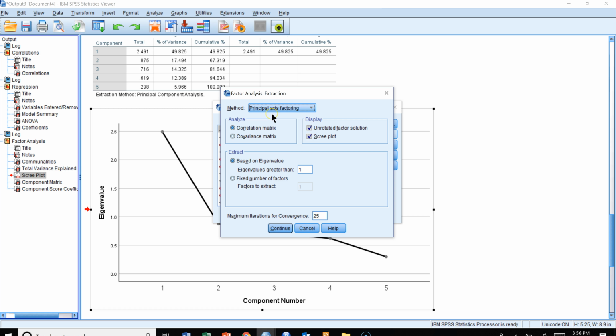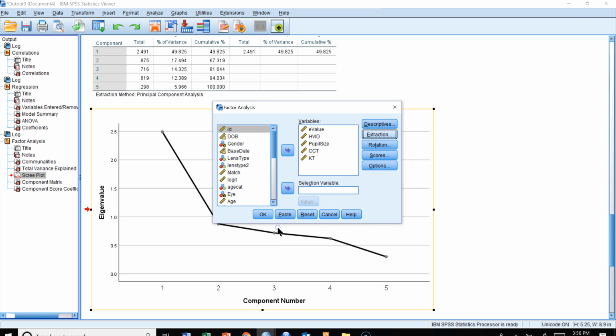So we get a cleaner value of the underlying factor. Before, we based it on picking things out; now we're going to say, okay, I believe there's one. We're just going to do one factor.